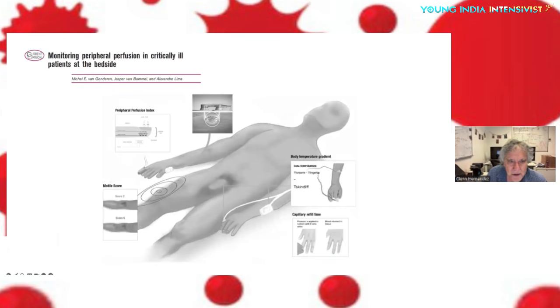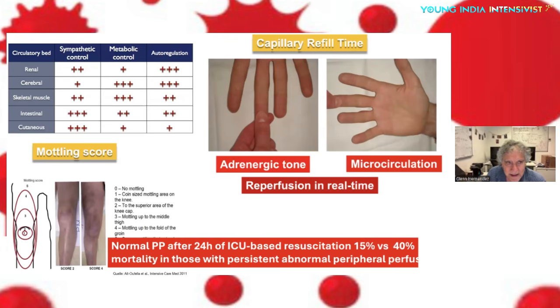You can monitor peripheral perfusion by different variables. The mottling score, of course, is very important. The temperature gradient, but I will just restrain myself to speaking about capillary refill time, which is what we assessed in our Andromeda studies.